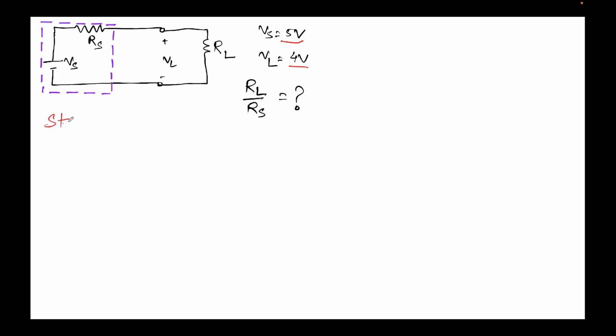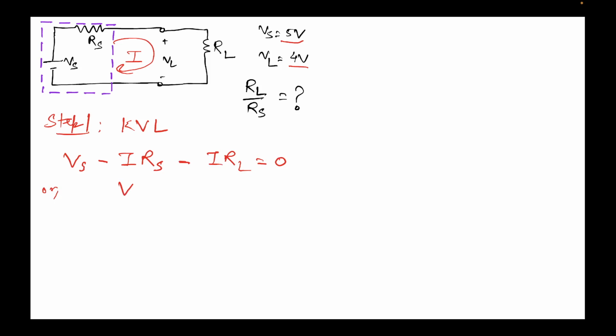As a step 1, let's apply Kirchhoff's voltage law in the loop given, and we'll assume that a current I is flowing throughout the loop. Writing KVL, I can say that Vs minus I Rs minus I RL equal to 0.